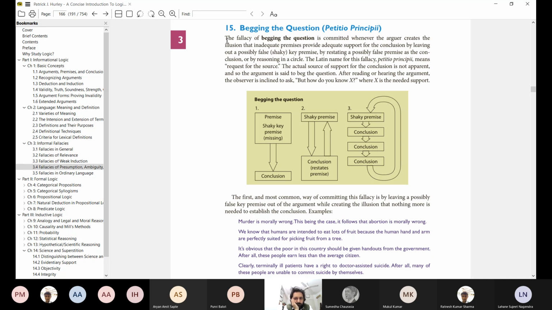The Latin name for this fallacy, petitio principii, means request for the source. The actual source of support for the conclusion is not apparent, and so the argument is said to beg the question. After reading or hearing the argument, the observer is inclined to ask, but how do you know X, where X is the needed support? Okay.